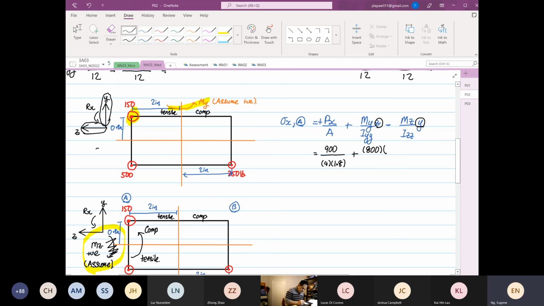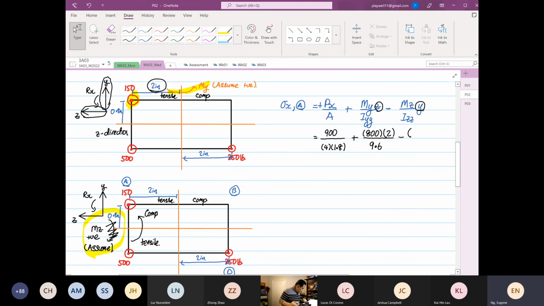So this is the Z direction, which is 2 inch, divided by your Iyy, which is 9.6, then minus Mz. Mz we calculated to be 540. Izz we determined earlier to be 1.944.